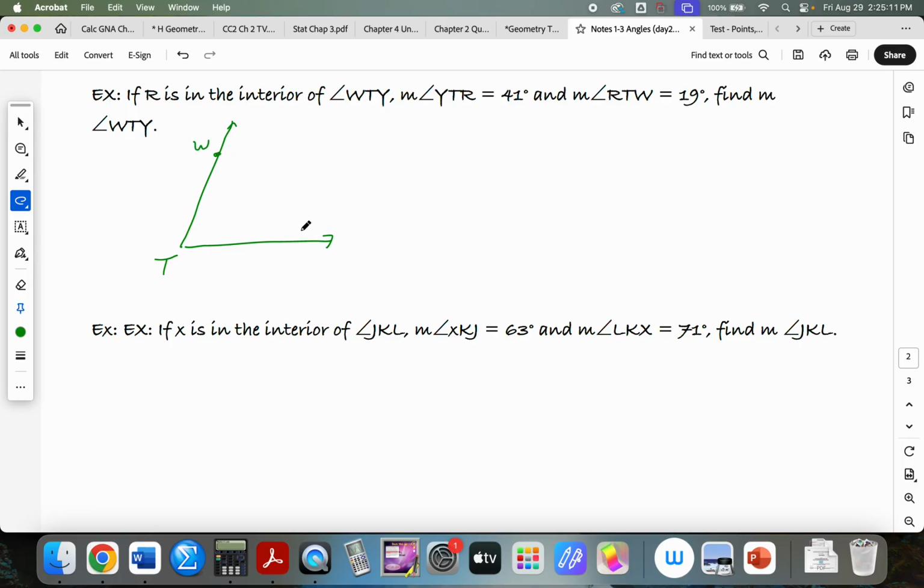Yes. So the middle letter is always going to be the vertex. So what it does is it goes one side to the vertex to the other side, which if you were trying to draw this, W to T to Y draws that angle.